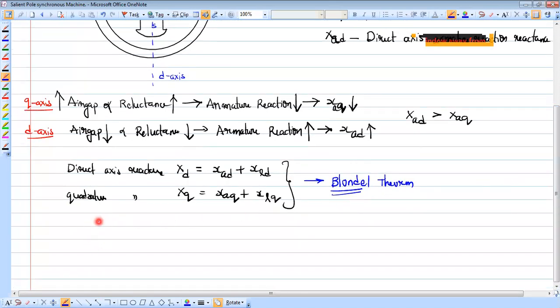This concept we call the two reaction theory or Blondel theory. They may ask in the examination like this also: two reaction theory or Blondel theory.